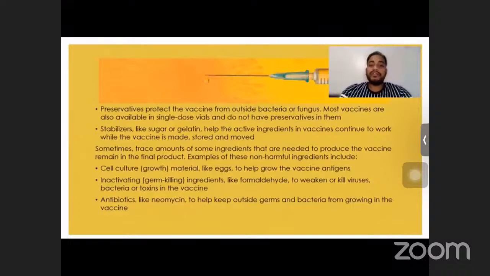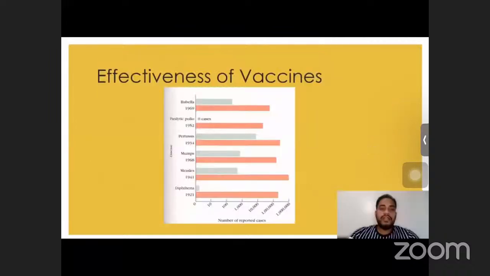Sometimes trace amounts of some ingredients that are needed to produce the vaccines remain in the final product. Examples of these non-harmful ingredients include cell culture material like egg to help grow the vaccine antigen, inactivating ingredients like formaldehyde to weaken or kill viruses, bacteria or toxins in the vaccine, and antibiotics like neomycin to help keep outside germs and bacteria from growing in the vaccine.